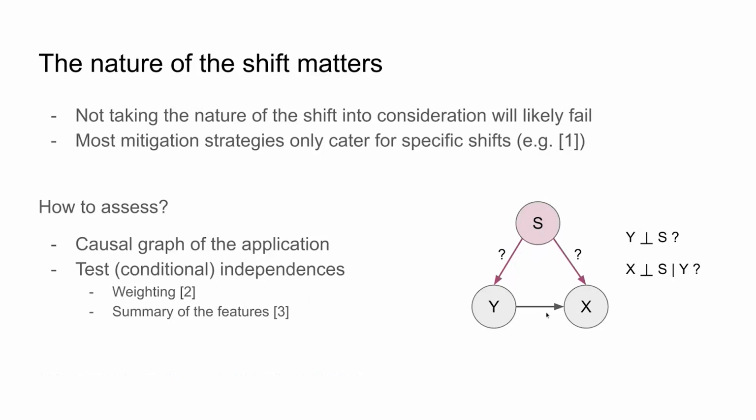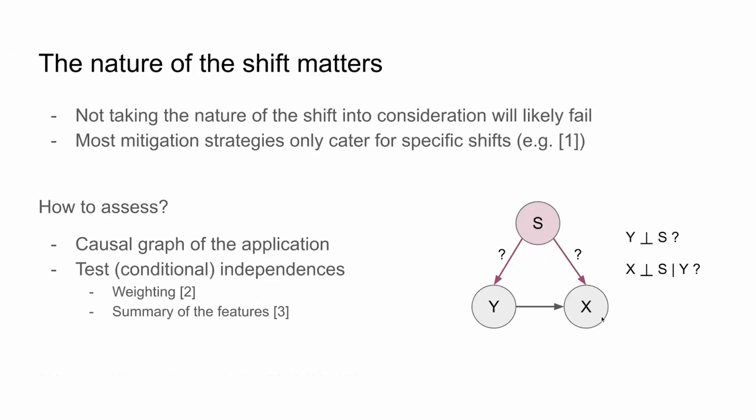And because X is an image, we actually can't do it on every single feature. It also wouldn't really make sense to look at every single pixel. So what we do is we summarize X, and there are different ways of doing that. It's discussed actually not in that Lipton paper, but in the Robustness paper.